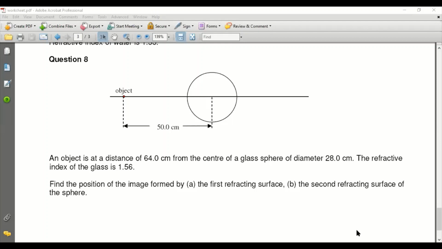Answer for question number 7, and also continue for question number 7.